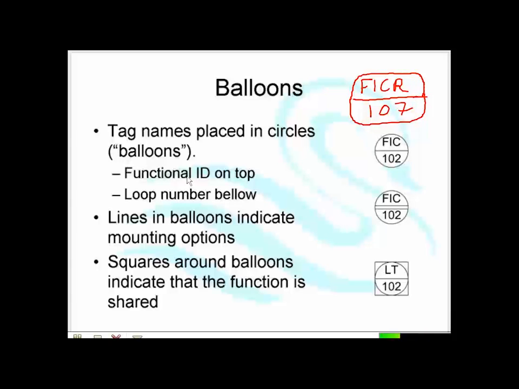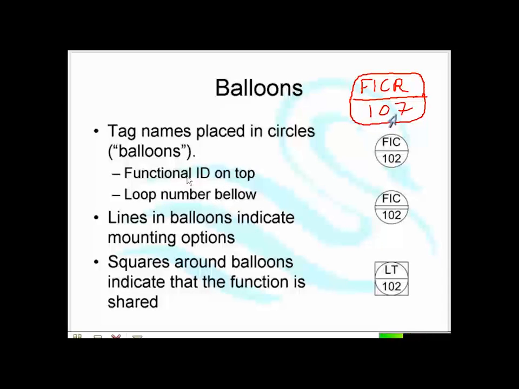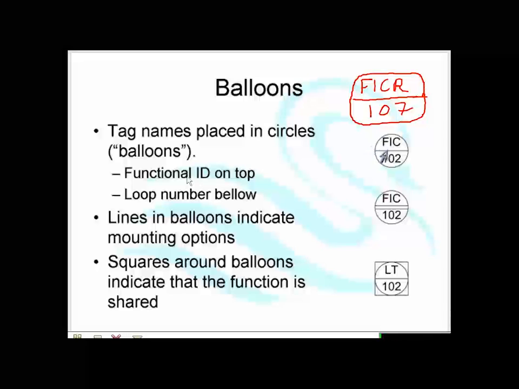So FICR would be a flow indicator controller recorder. We put the letters on the top, and we put the numbers underneath.